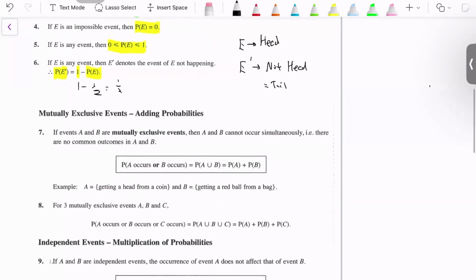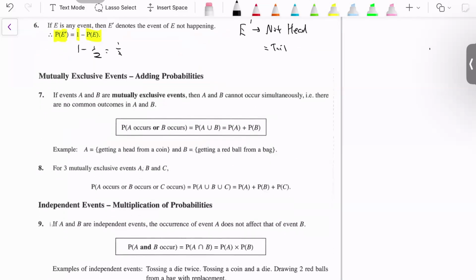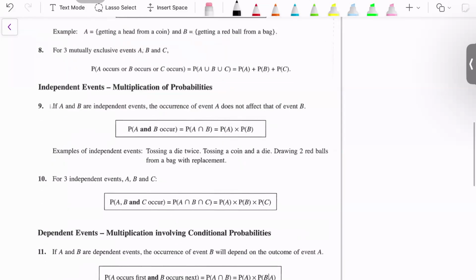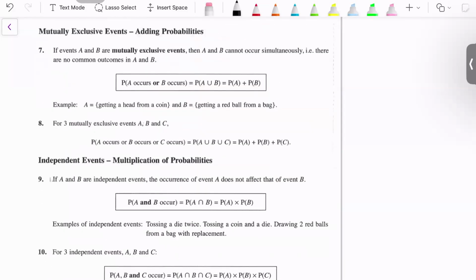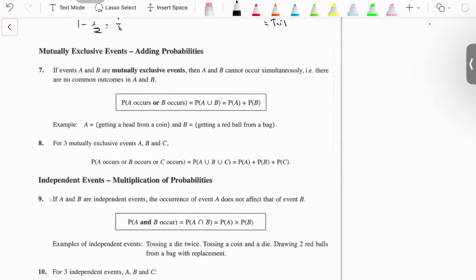Okay. Moving forward, there are different events, 3 different events. So in this case, the first is mutually exclusive events. Mutually exclusive events are just things which cannot occur simultaneously. For example, you can't have head and tail at the same time.